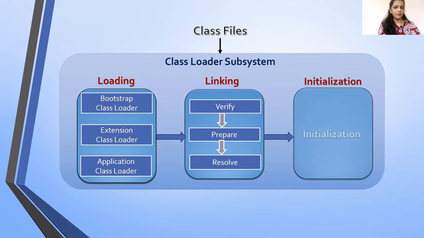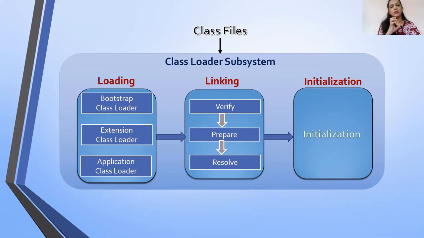In initialization, static variables will be initialized with the original values which are assigned in the programs, and static initialization blocks will be executed. I will discuss in a separate video in detail what a static variable is, why the static keyword is used, and with which things it can be used, like variables, classes and so on.